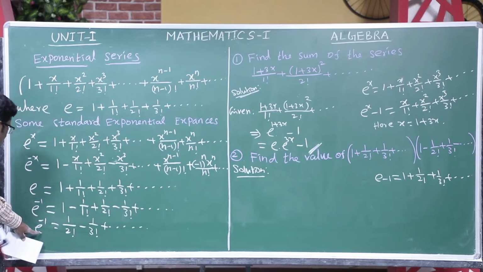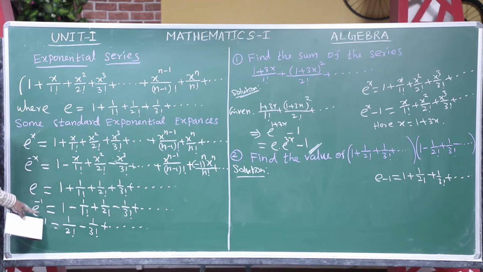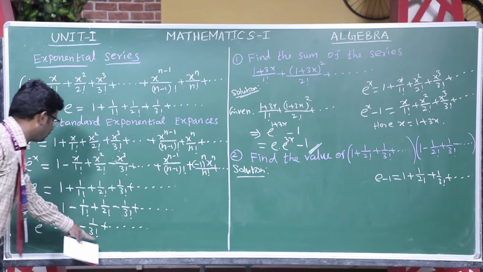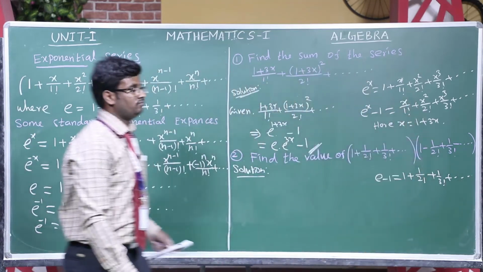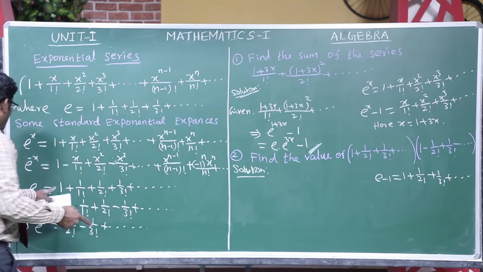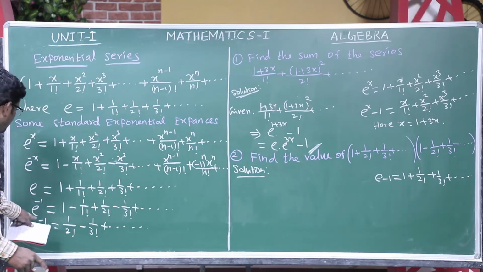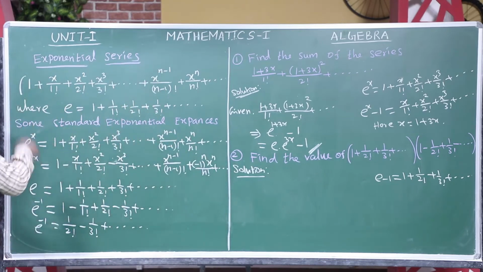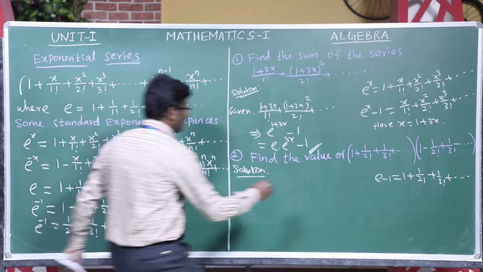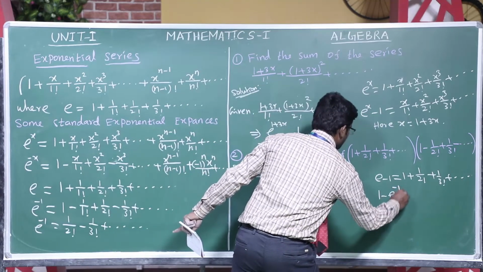Comparing to this equation, e power minus 1 is 1 by 2 factorial minus 1 by 3 factorial up to etc. We have an extra 1 available. So I am subtracting: 1 minus e power minus 1.